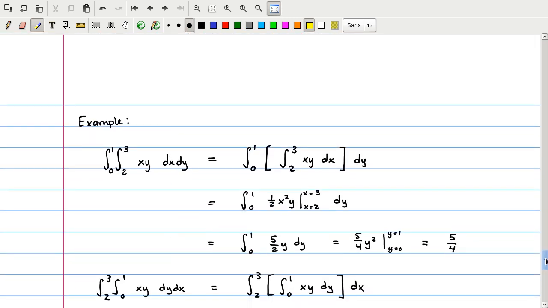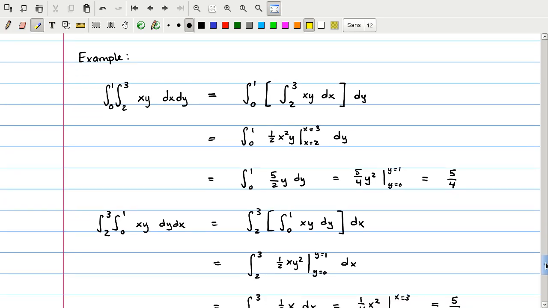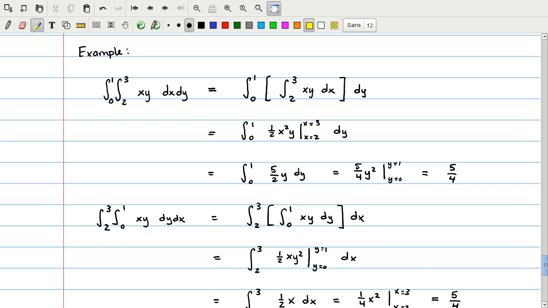We'll do just one example to keep this video from getting too long. There are many, many more examples, and we'll do many of them in class. But a simple example which illustrates the fact that you get the same answer both ways. So here we have the integral of the function xy, in x and y. And the way that you figure out what the limits are is you work your way inside out.